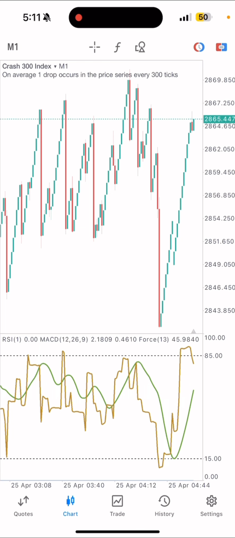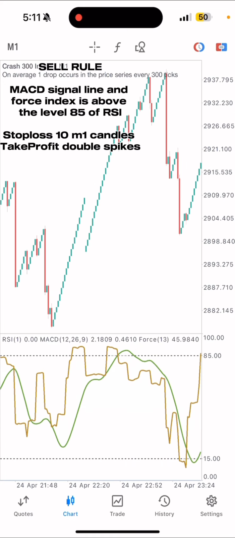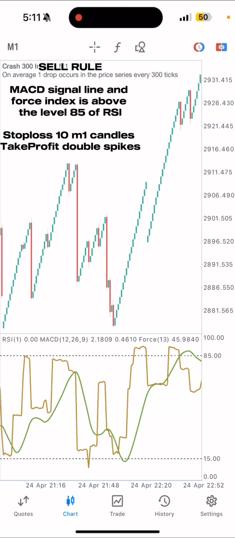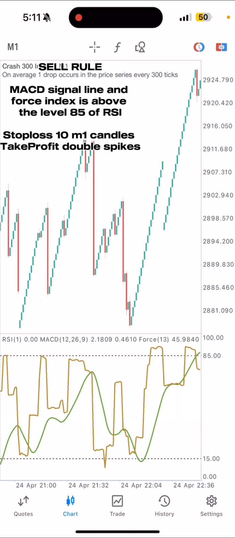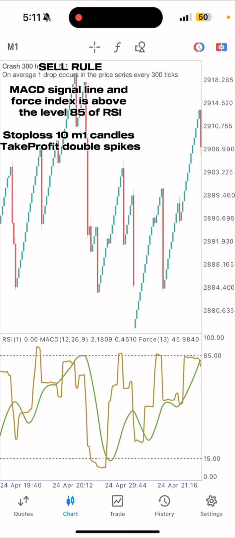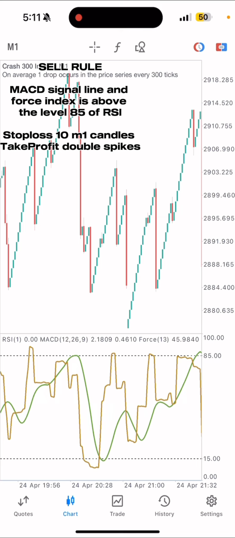Now, how do you enter a trade? You're going to check to see that both the MACD and the force index are trading right above the 85 level of the RSI, and then you're going to enter a sell trade for a spike to happen. All right, as you can see, they couldn't reach that point here.